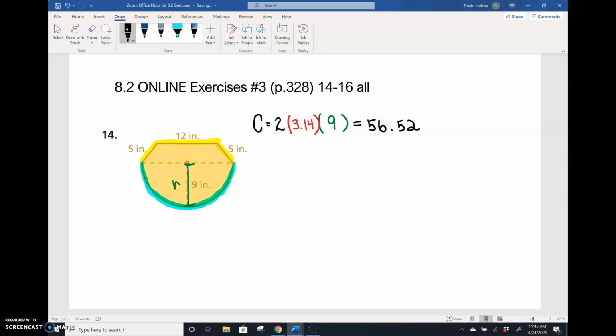We don't. We have a semicircle, so we're going to have to divide that by 2. And when we divide that amount by 2, we end up with a length of 28.26 inches. So that's how long this blue highlighted piece is.